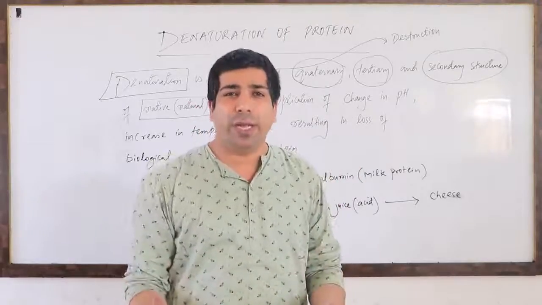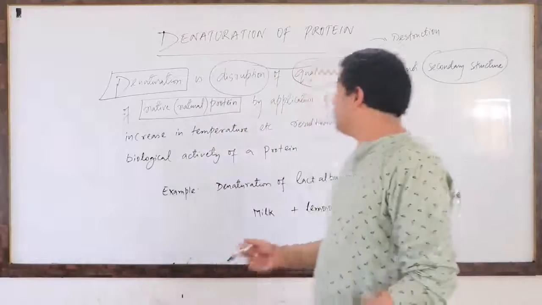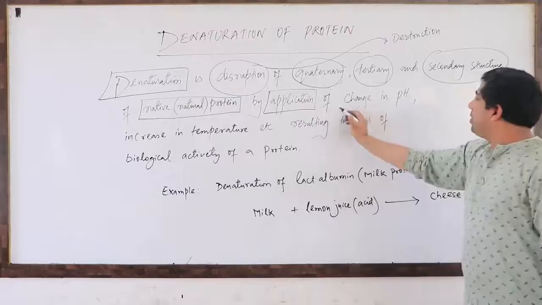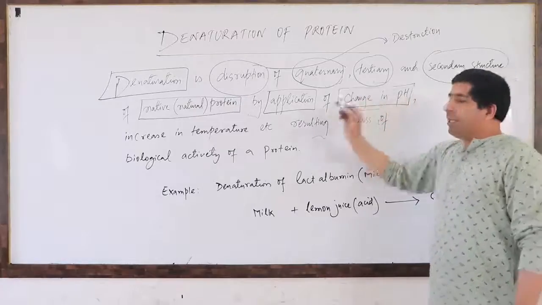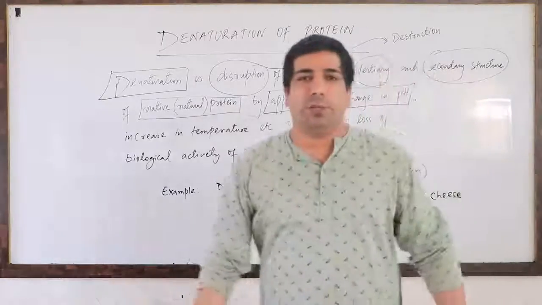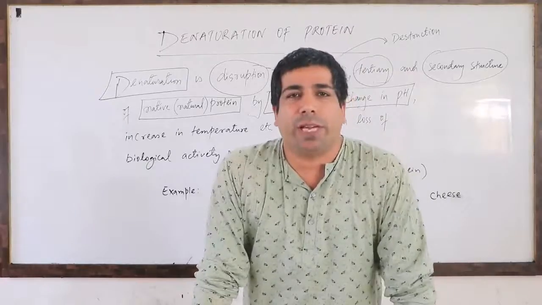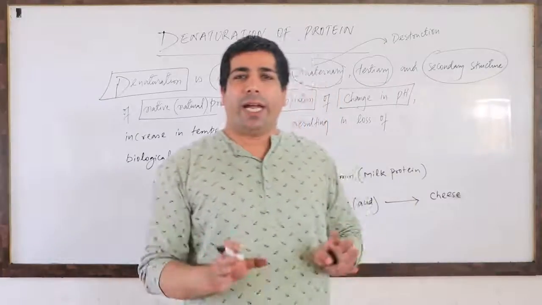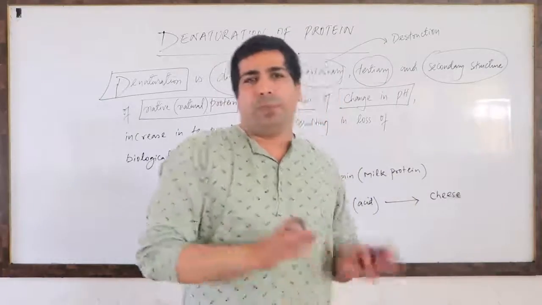How will you destroy it? You should know that you will destroy it by a change in pH. That means you have to change the pH of the solution in which you have kept the protein. Changing pH means you can have either acidic pH or basic pH.